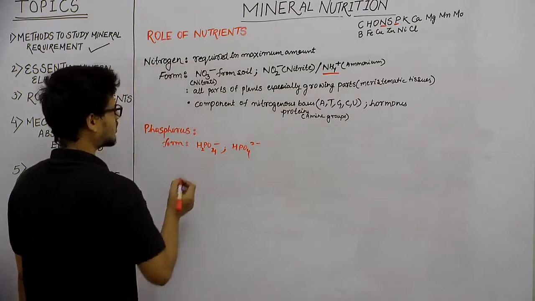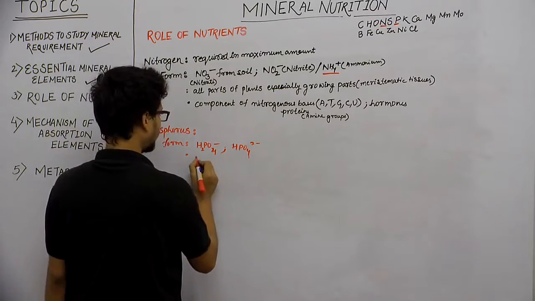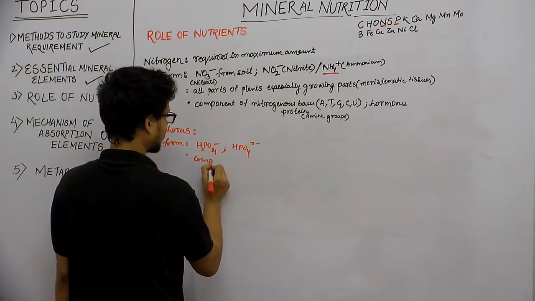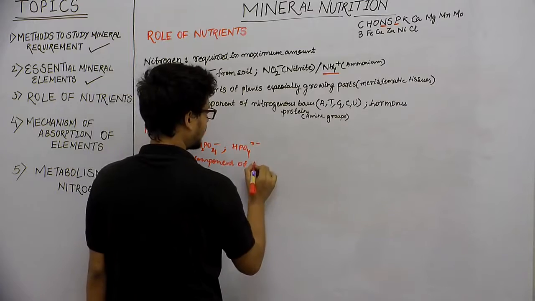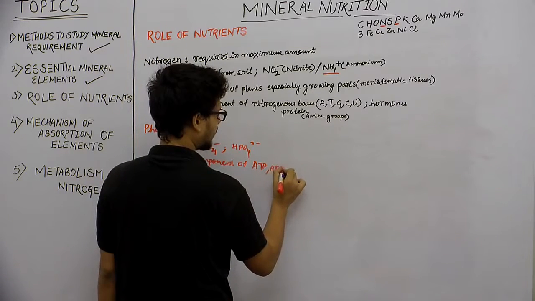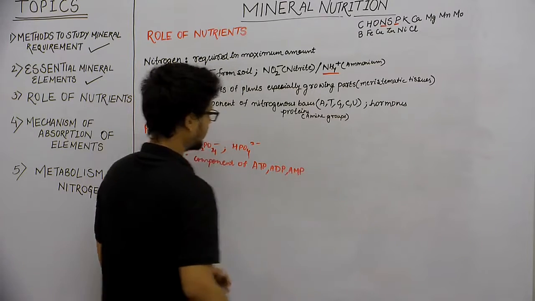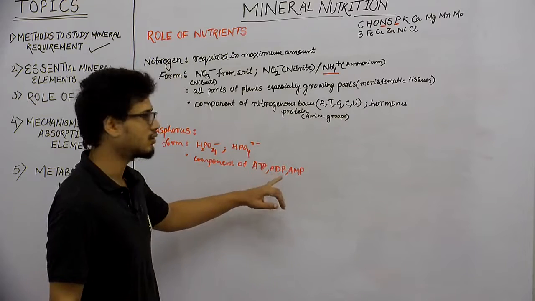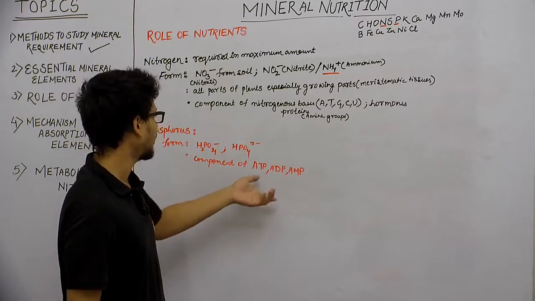Now what is the role of phosphorus? Phosphorus is an important component of ATP, ADP and AMP, that is adenosine triphosphate, adenosine diphosphate and adenosine monophosphate. Every one has phosphate.